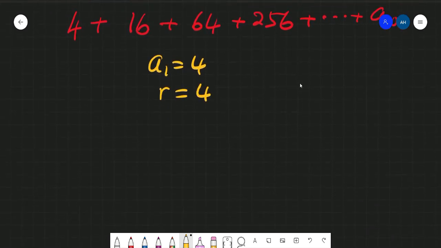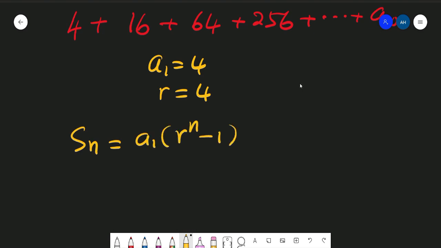And we would like to know S10. This is the formula: Sn equals A1 times r to the power n minus 1, over r minus 1. We are going to apply this formula. We have A1 equal to 4, r equal to 4, and n equal to 10.